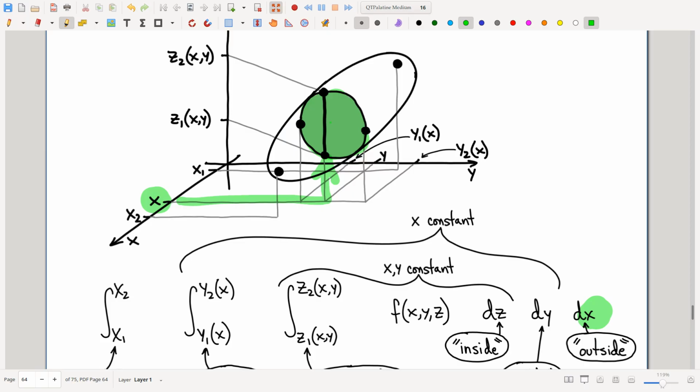Only for that value of x, we now ask the next question. Okay, what's the range of values for y? And well, for any given value of y, slices are going to look kind of like this.